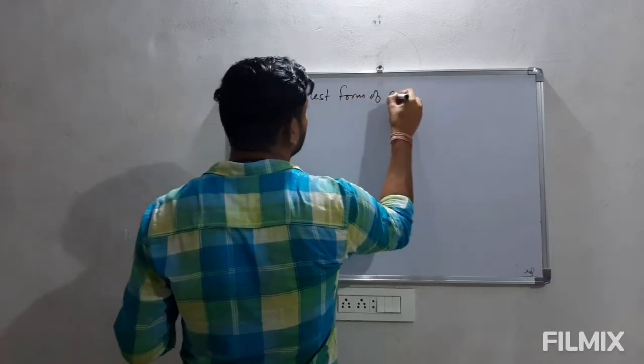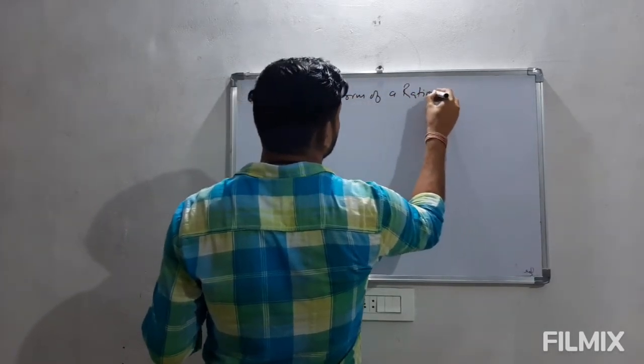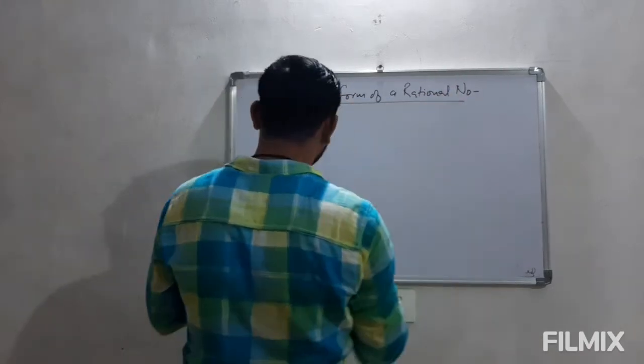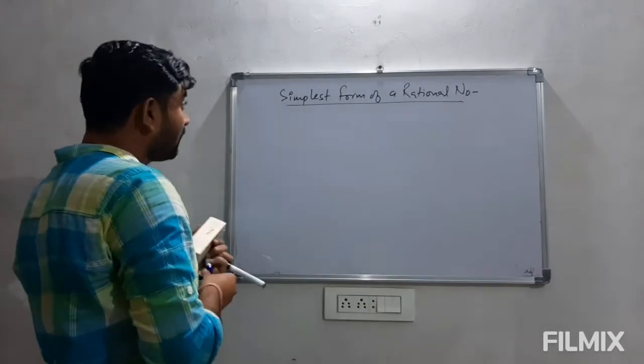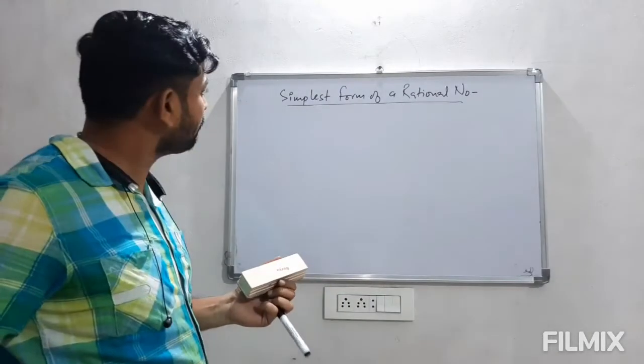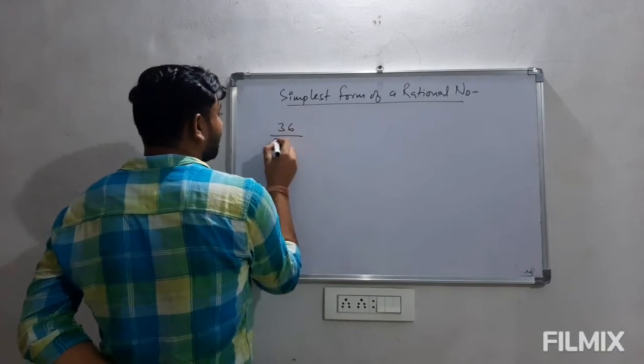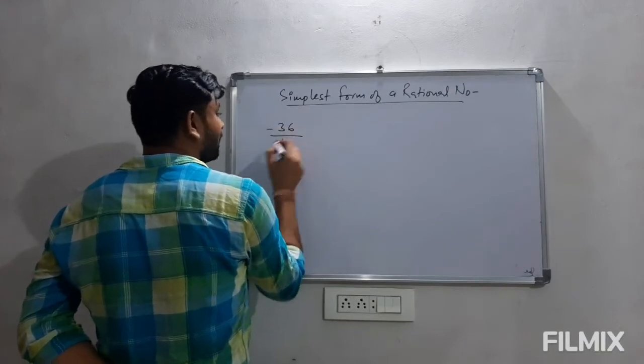Simplest form of a rational number. So for this, what we can do, suppose we have a rational number. Let me take an example like minus 36 upon 48.